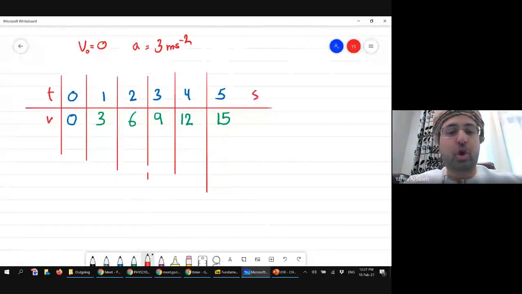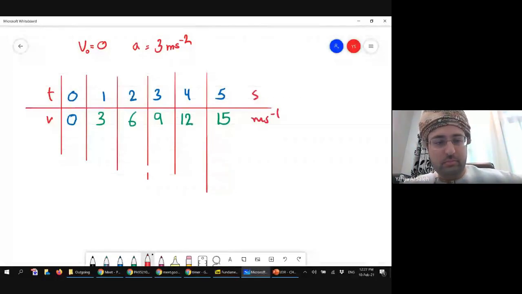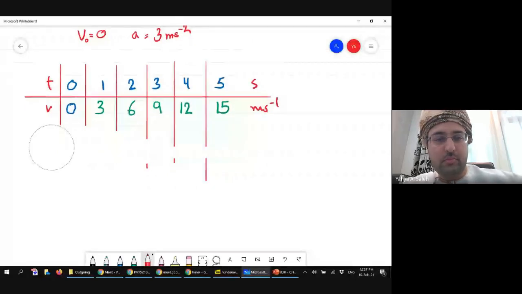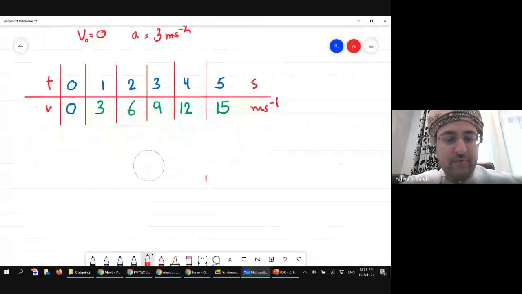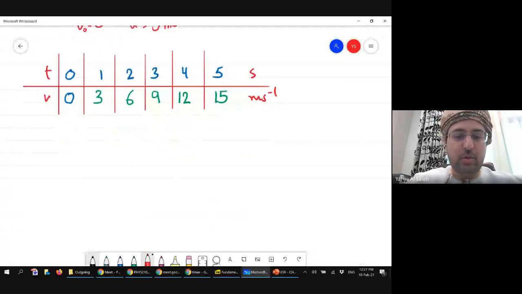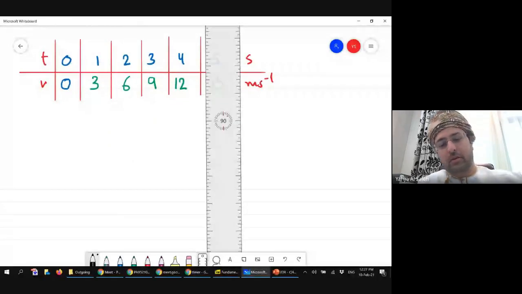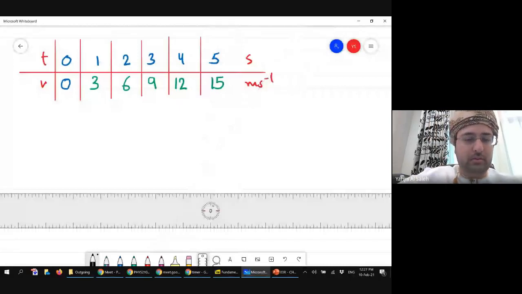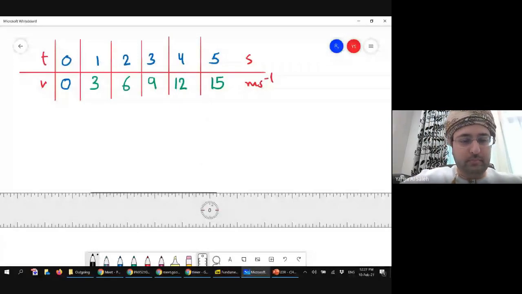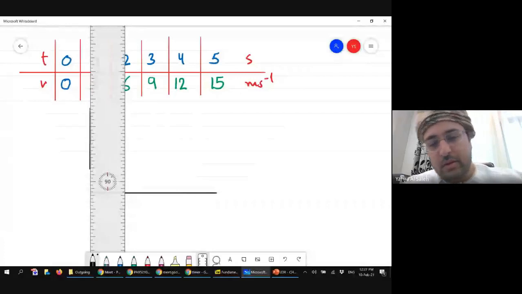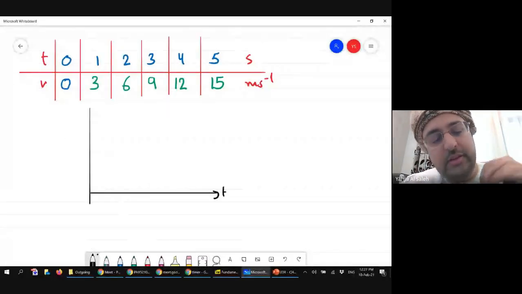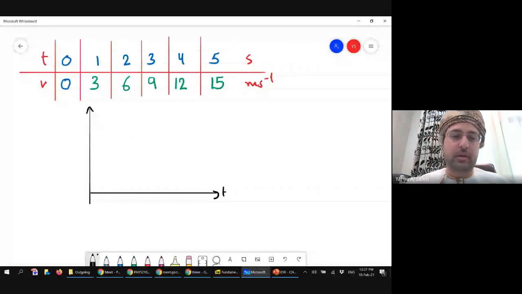Let's try and draw this. We have a set of data, let us draw it. This is time, this is velocity. Can you help me draw it?